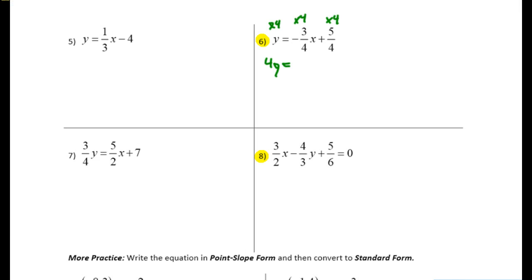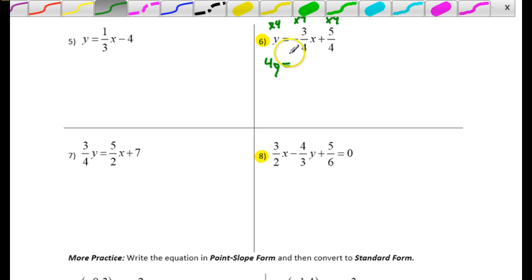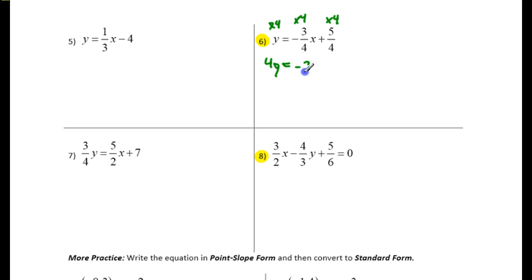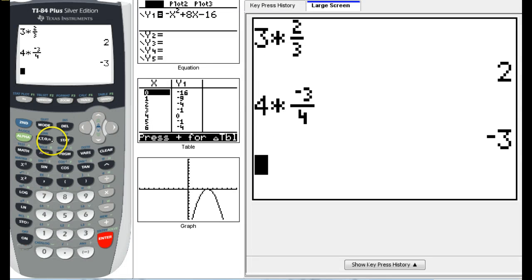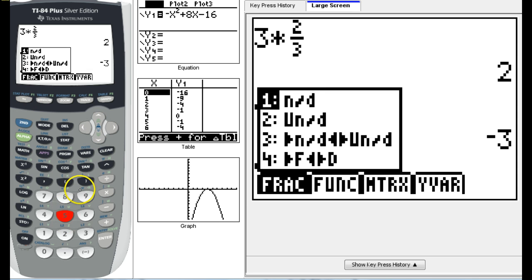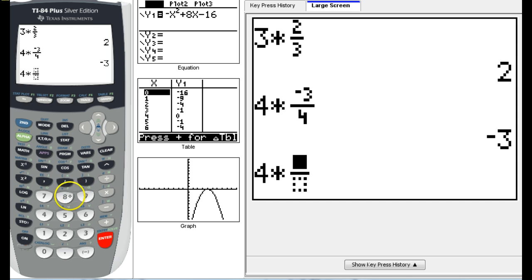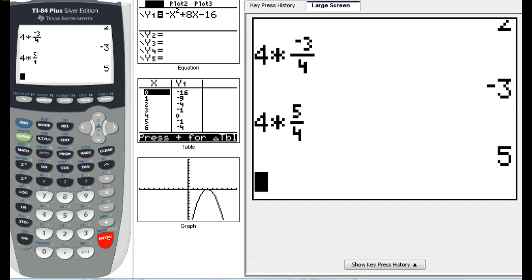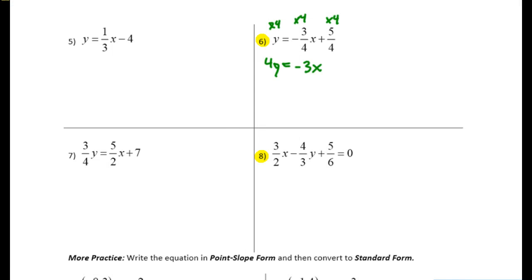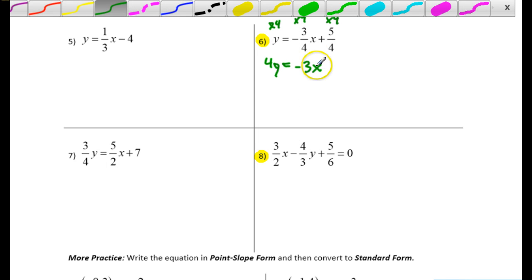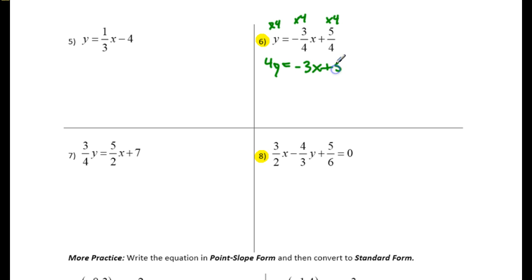Negative 3. Right? So it's the same thing. So it'll be negative 3x. These numbers cancel, but just to show the calculator again, now it's 4 times 5/4, and that equals 5. Okay, so by multiplying everything by 4, we've gotten rid of the fractions.